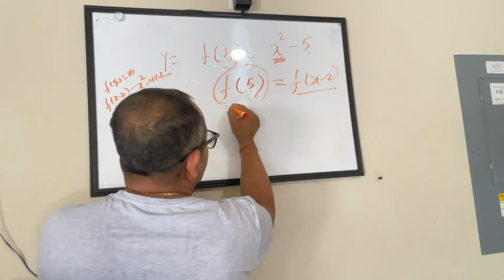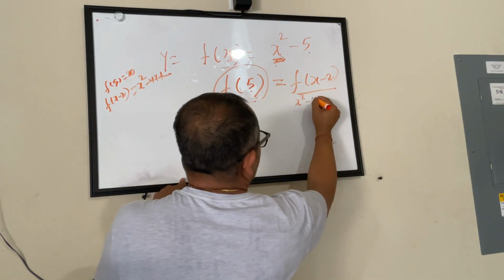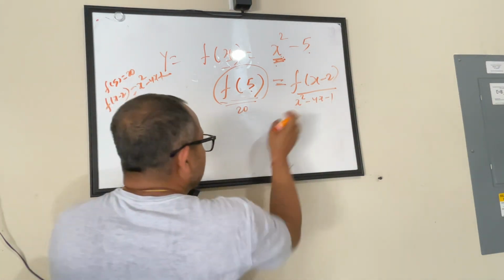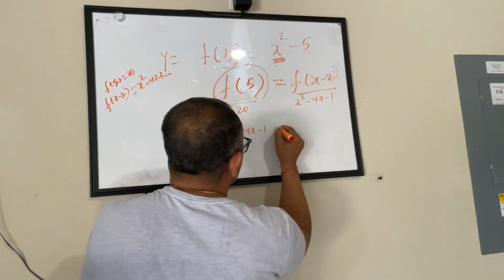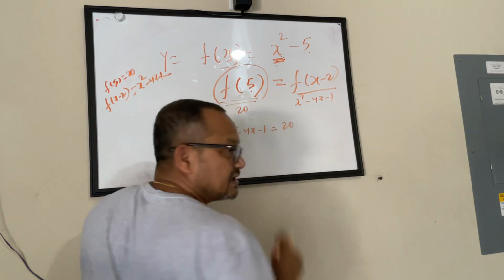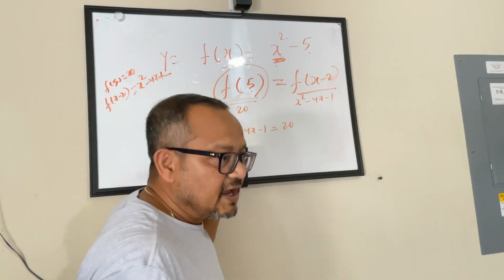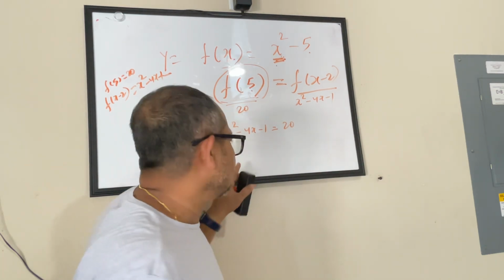We got this value as 20 and this value as x squared minus 4x minus 1. This becomes the equation for me: x squared minus 4x minus 1 equal to 20. This is my equation, and there is only one variable x and one equation. We can try solving it for x.